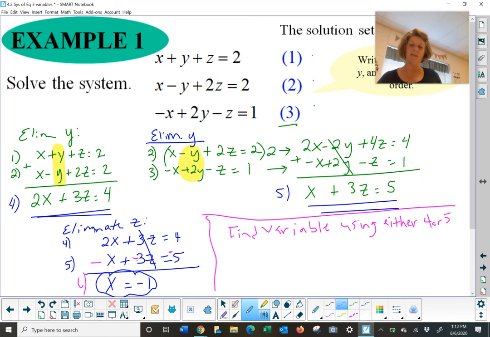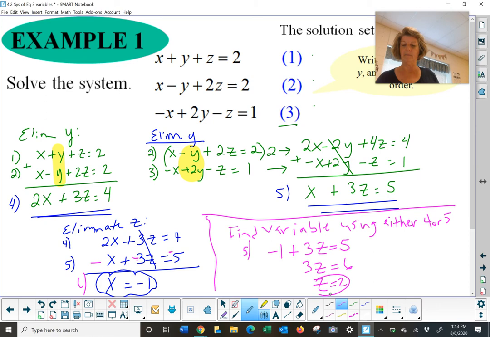Which one do you like best, 4 or 5? Well, we have x. I'm choosing 5, mainly because it was just a single x. So I substitute -1 in there plus 3z equals 5. Add 1 over, and I get 3z equals 6. Z turns out to be 2.